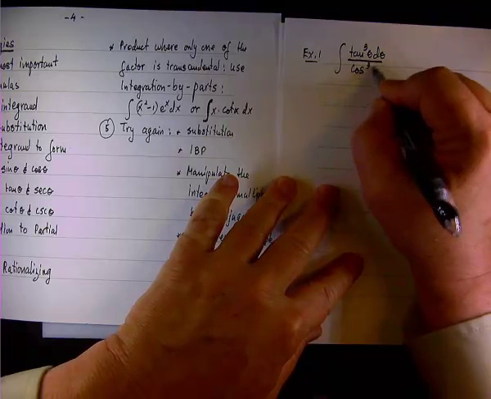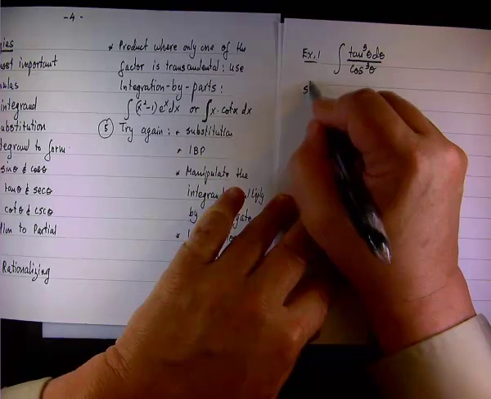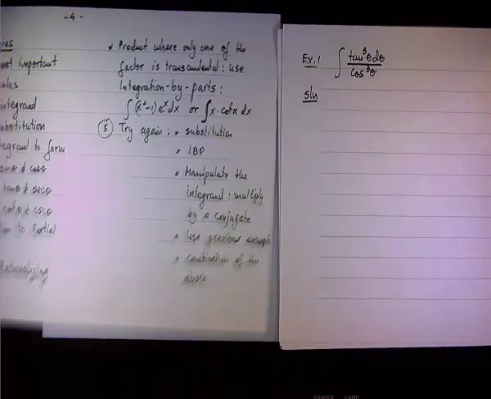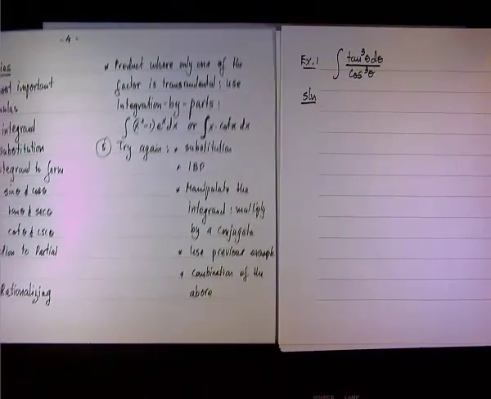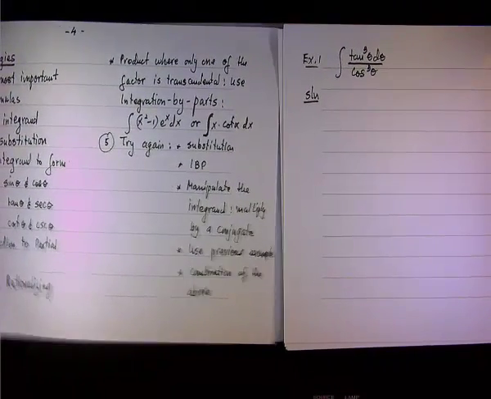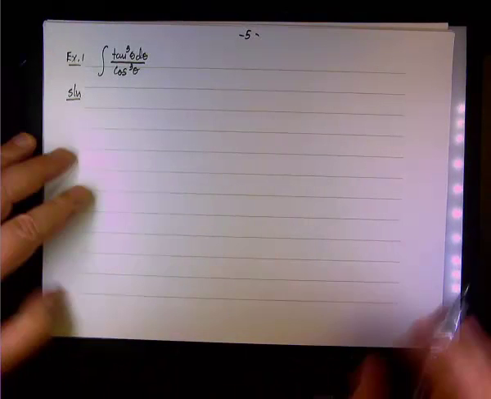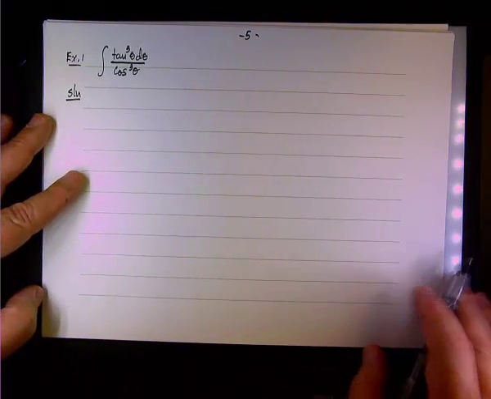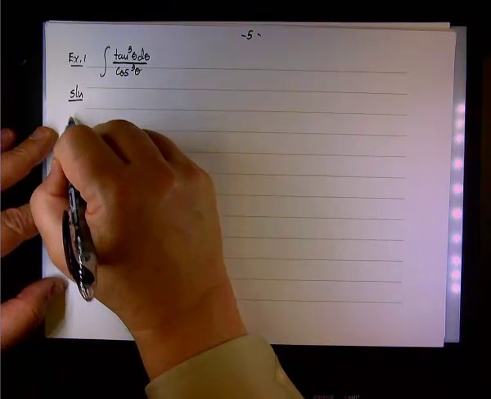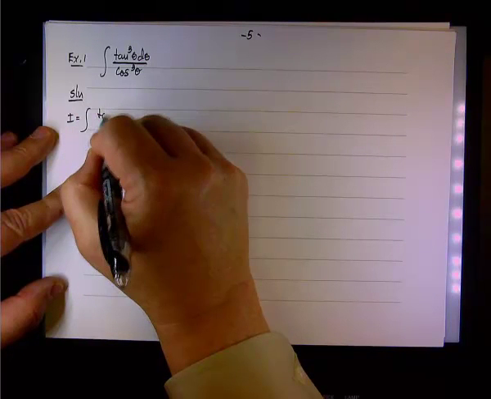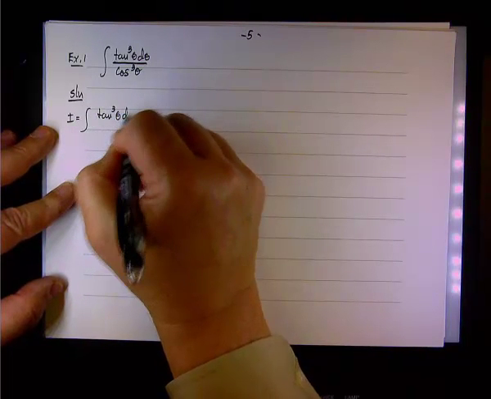Let's evaluate the integral of tangent cubed d theta over cosine cubed. Probably after all the hard work you've been doing, maybe this is not that hard, but let's see. Am I done with page 4? Yes. All right, so move on to page 5. So let's see how we work this out.